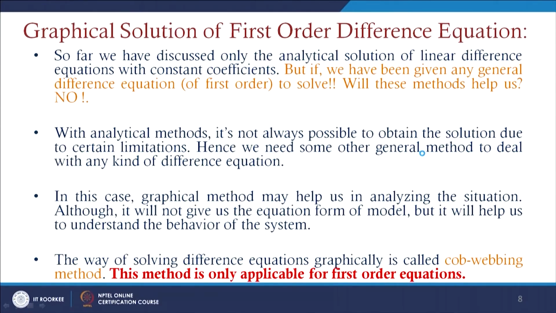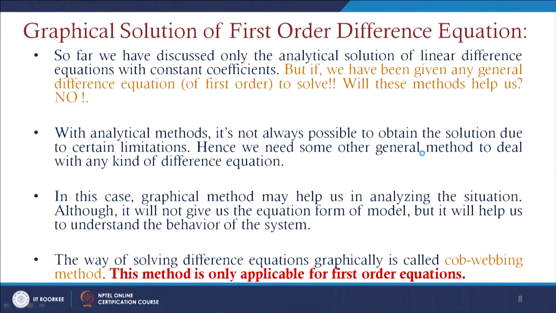Although it will not give us the equation form of the model, it will help us understand the behavior of the system, whether it is going towards the equilibrium point or the origin, or deviating from the origin and going outside. The way of solving these difference equations in a graphical sense is called the cobweb method, and this method is only applicable for first order equations.